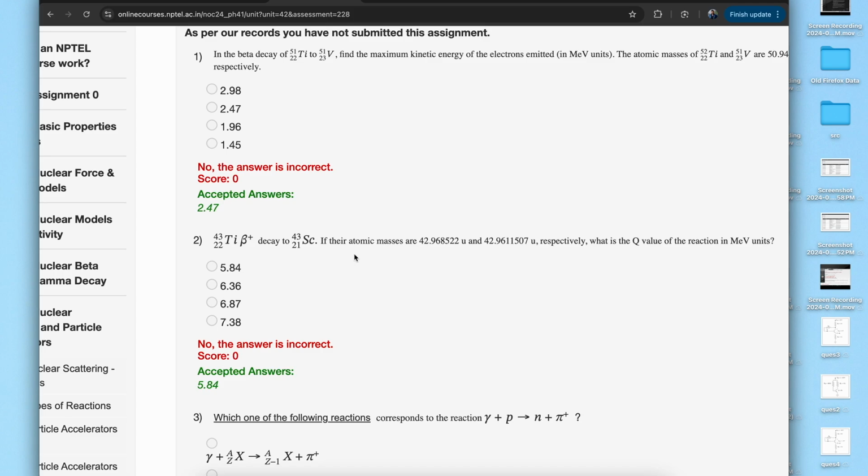Now for the mass of y, you have (Z minus 1) protons plus (A minus Z plus 1) neutrons plus (Z minus 1) electrons.